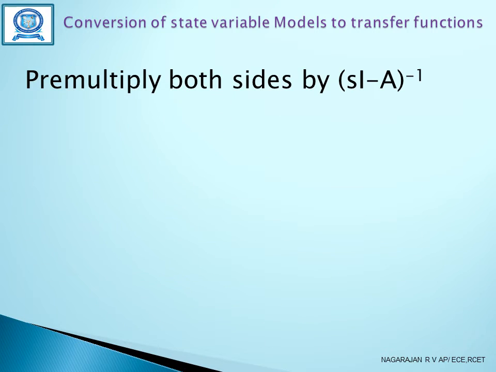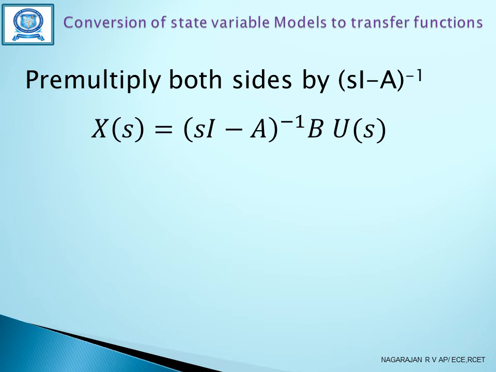Now pre-multiply both sides by (sI minus A) inverse. We will get X of s is equal to (sI minus A) inverse B into U of s.